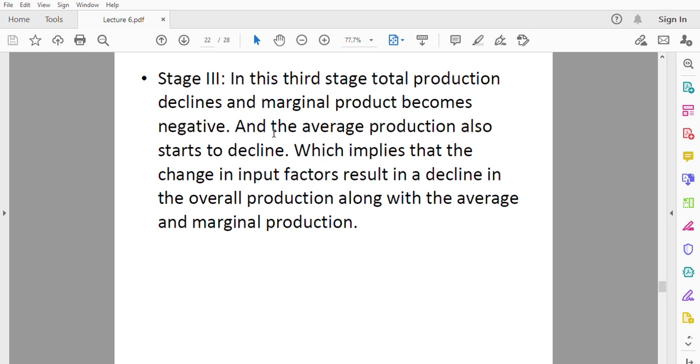So it is a very uneconomical stage. At that point also, the average product declines, which simply implies that the change in input factors results in a decline in overall production along the average and marginal production. So stage 3 is not the best, stage 2 is the best, stage 1 is a good stage but not the best.